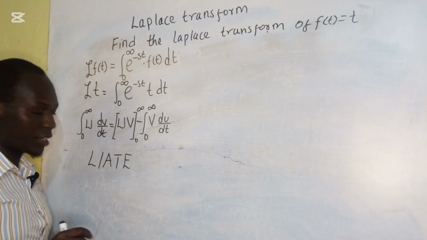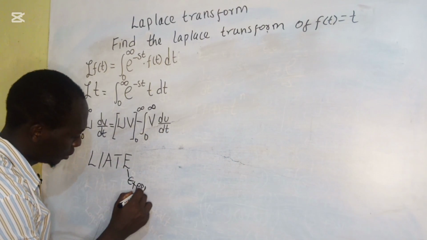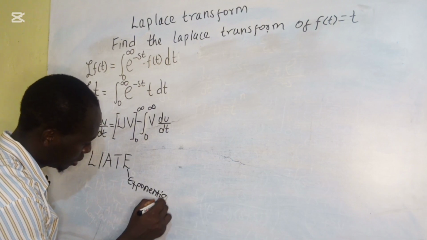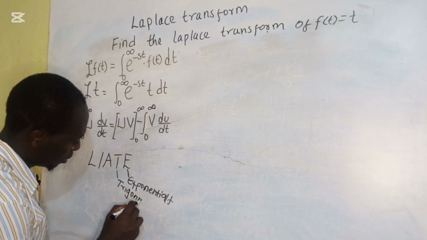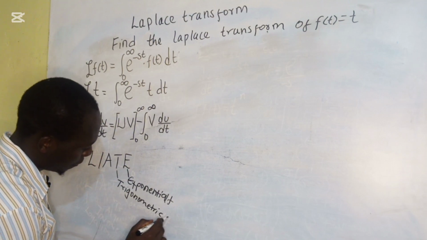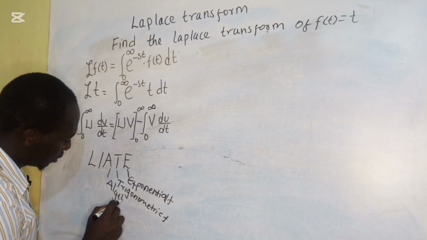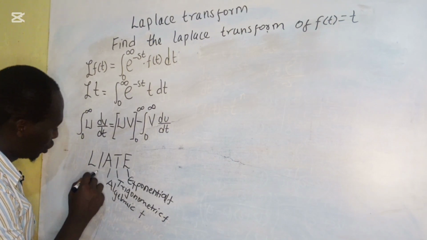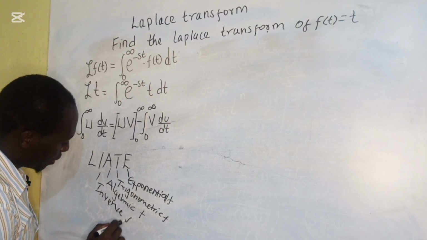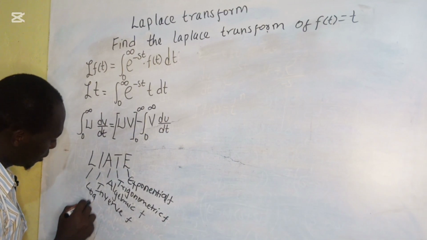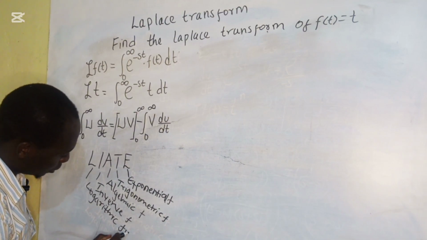For that, we have this acronym, which helps us understand which term becomes u and which becomes dv. We just don't select randomly: this one is the exponential function, this one is the trigonometric function, this one is the algebraic function, here we have the inverse function, and lastly the logarithmic functions.